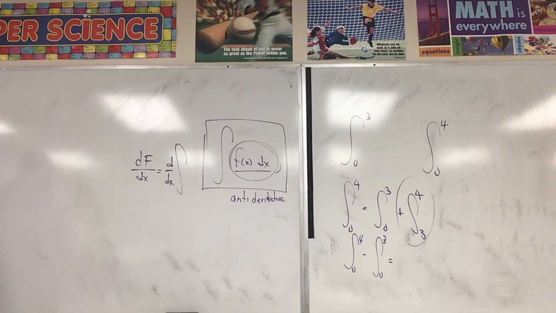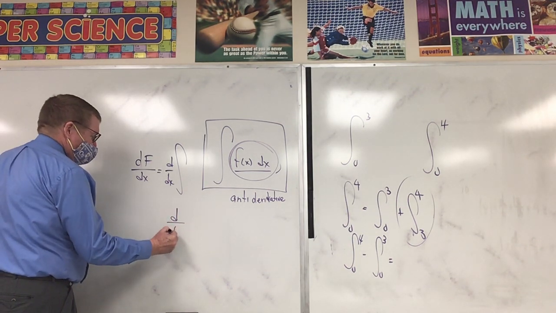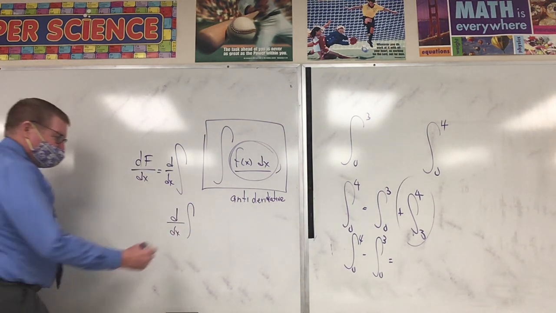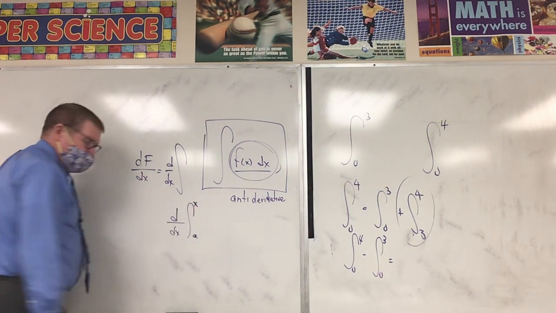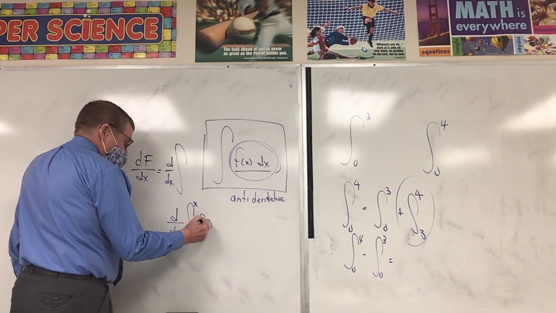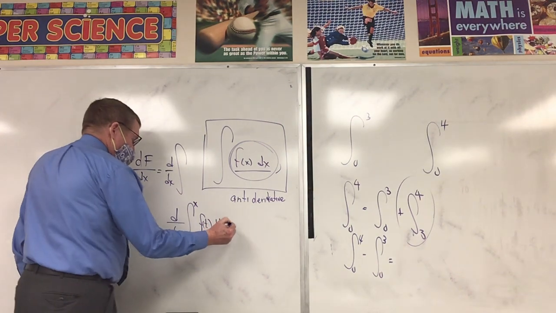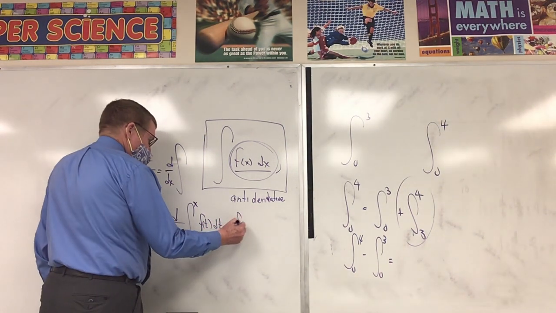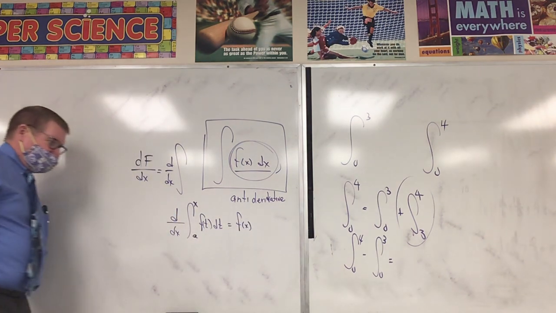So we get to the next box, we say d over dx of the integral from a to x of f of t dt is going to equal f of x.